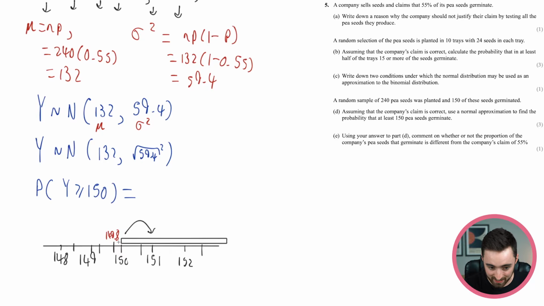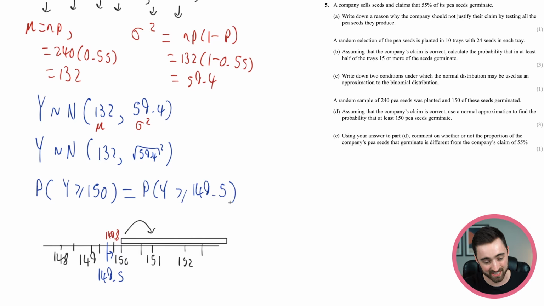Because here is 149.5. If I had a value greater than or equal to 149.5, when I rounded it, I would get 150 or greater. If I was 149.4, I'd round to 149. But 149.5, I round it, I get 150. Anything greater than it is going to round to a number that is at least 150. So what I actually do is I work out the probability that Y is greater than or equal to 149.5. That is a continuity correction.